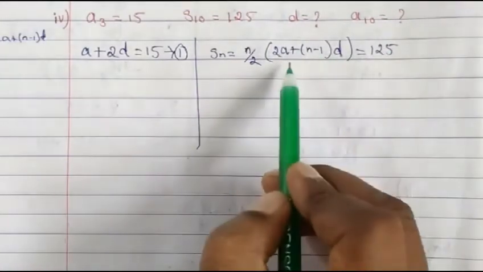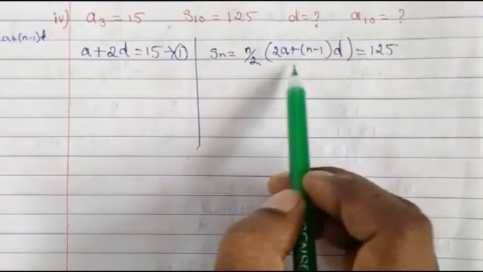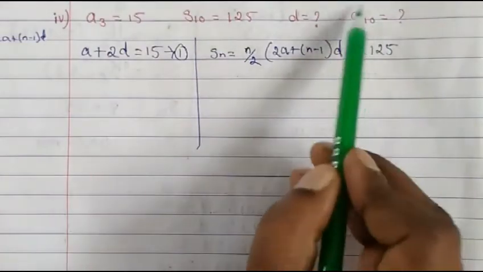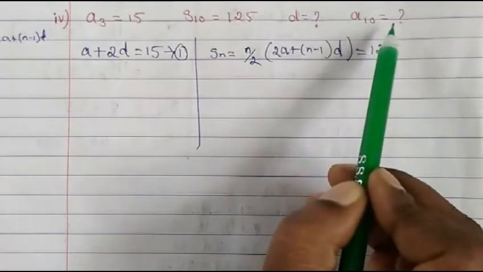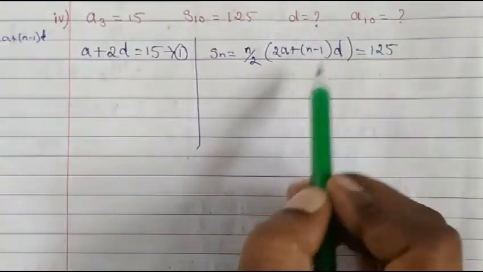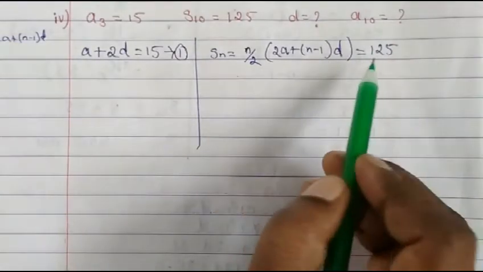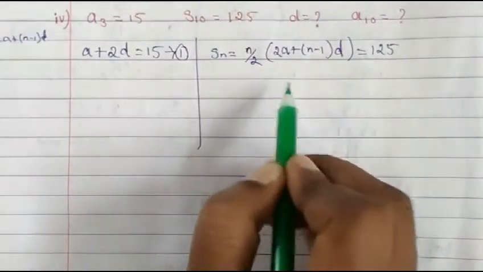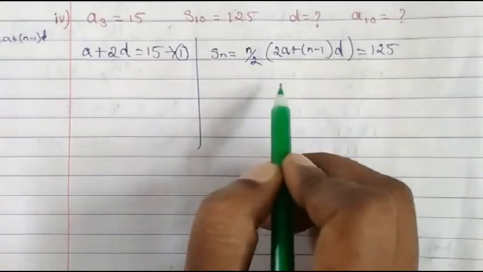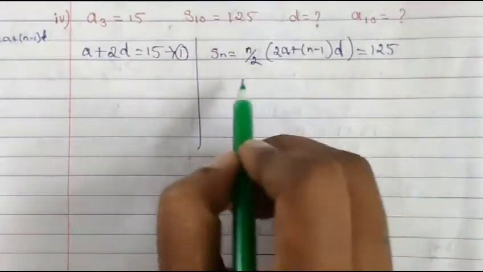So why are we not using the first formula? Because that needs the first term and the last term, and here the last term is not given to us. So that's why we are not using that formula. We use this formula, and from here we'll draw the equations.